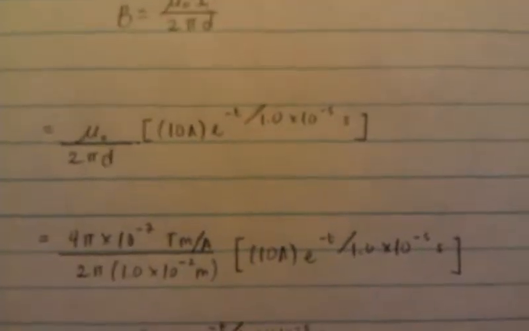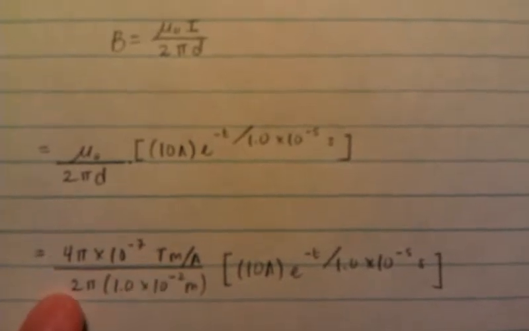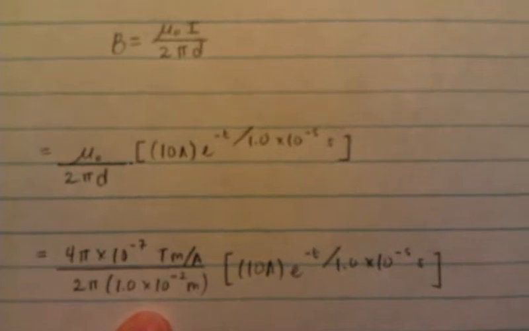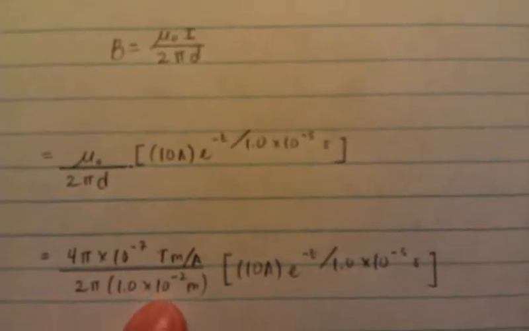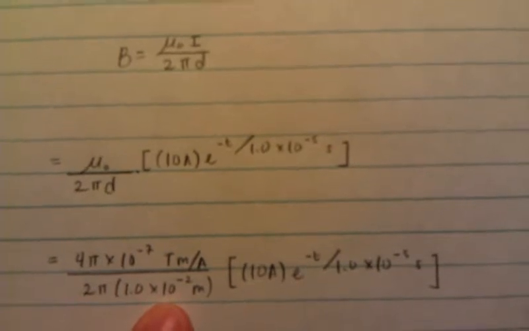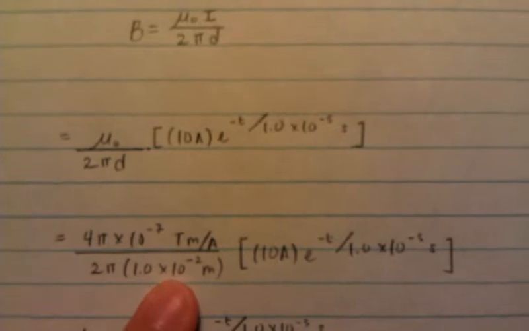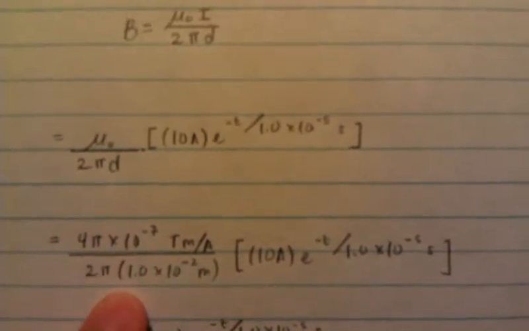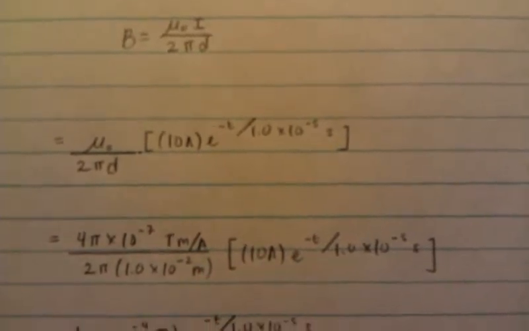And so plugging in our known values, mu naught is 4 pi times 10 to the negative 7, and that's over 2 pi, and the distance between the line and the dot where we're observing the magnetic field strength is 1 times 10 to the negative 2 meters, which is the 1 centimeter converted to meters, times what we found for current earlier.